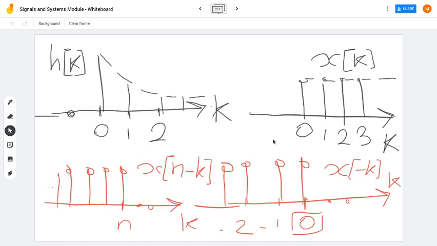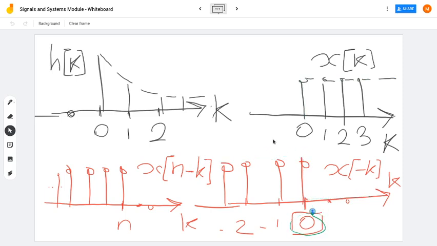So before we go on in doing the convolution: first step, we change the variable n to k, giving h of k and x of k. We choose one signal and keep it as is. In this case, I will keep h of k as is, and x of k I will mirror. So instead of having a unit step going to the right, it will be a unit step going to the left and starting at 0.